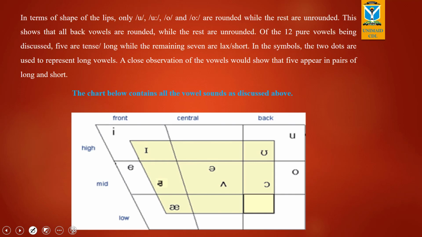Of the 12 pure vowels being discussed, 5 are tense. What makes them tense? Because they are realized longer, while the remaining 7 are lax, which are short. So the difference here is either the vowel is realized long or short. If the vowel is realized long, technically the term tense is used. And when the vowel is realized short, the term lax is used.